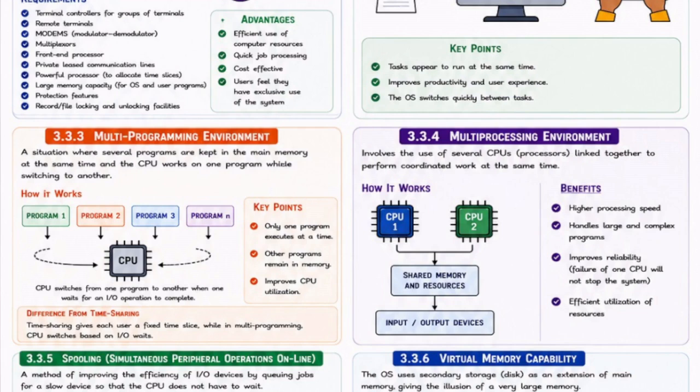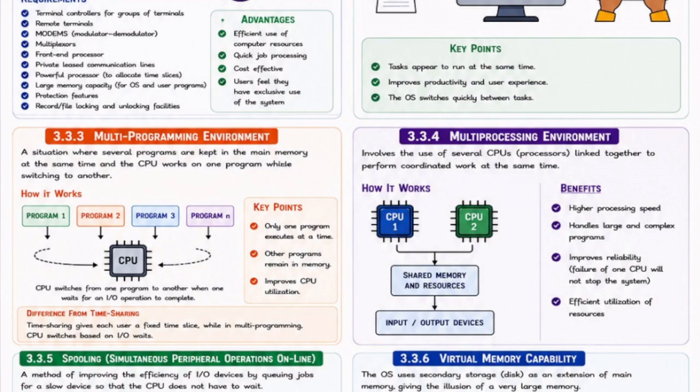There's program 1, program 2, program 3, program 4. The CPU switches from one program to another when one waits for an input or output operation to complete. That is multi-programming. Only one program executes at a time, other programs remain in memory. It improves CPU utilization.